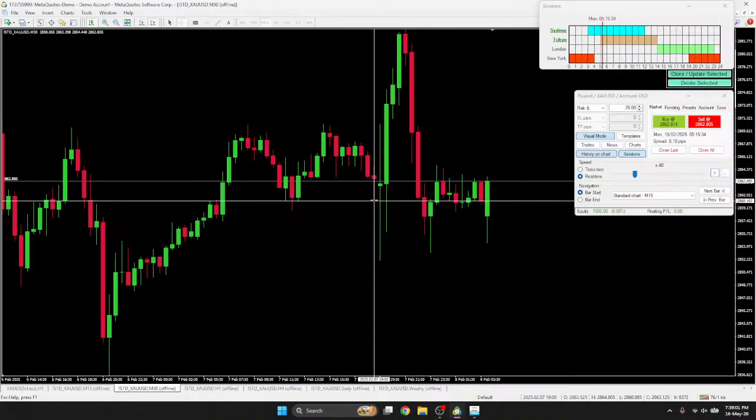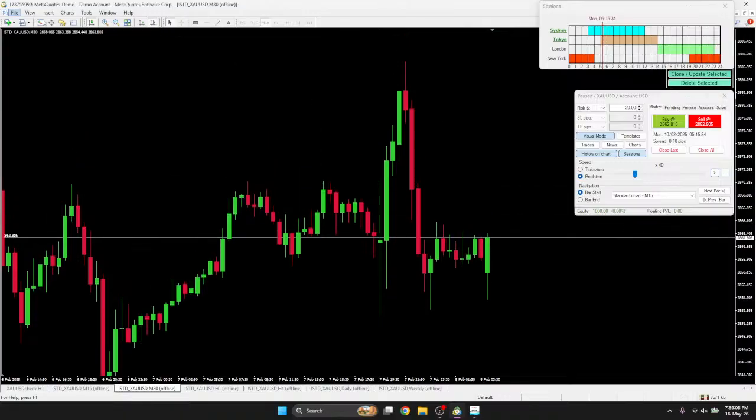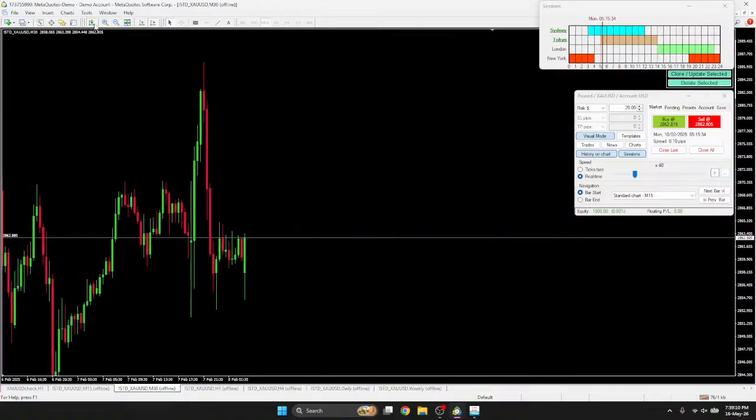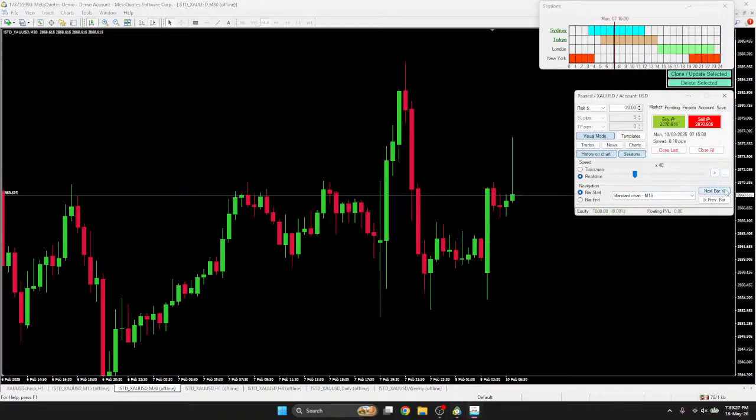Many people took trades, that's why the market moved. Otherwise, there is no way for the market to move. Their setup appeared and they took trades. But our setup didn't appear here. That's why I didn't want to take a trade, so I moved to the next day.